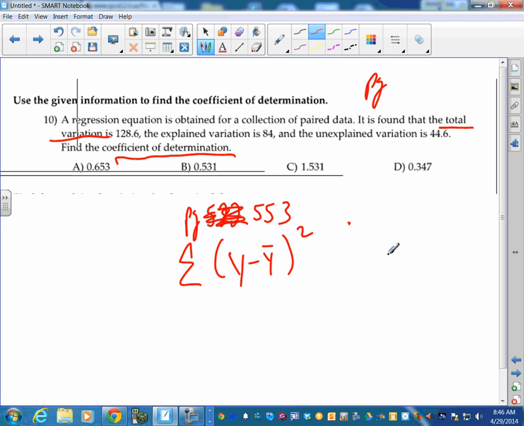Explained variation over total variation. So what is explained? It says the explained variation is 0.84. Oh, you already did it? 0.84 over the 128.6.